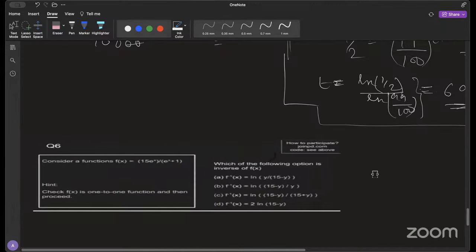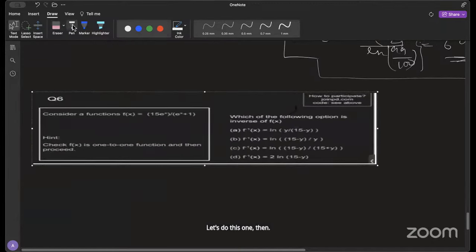Let's do this one then. Give this one a try. It should be easier than others.